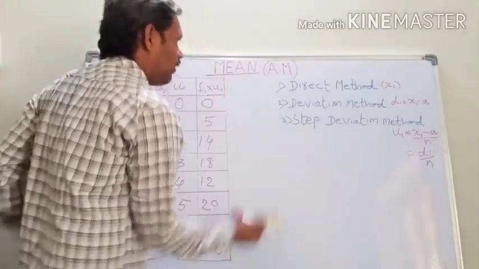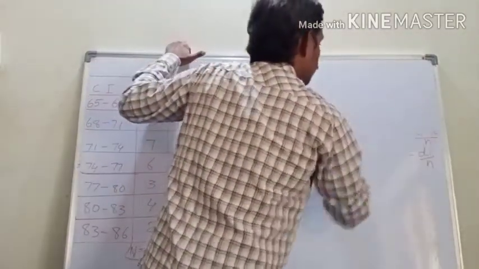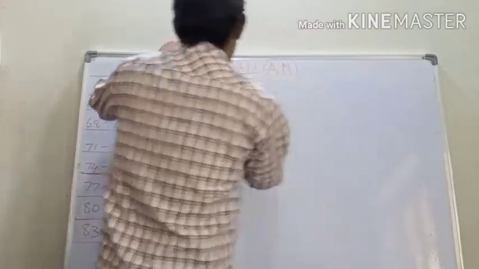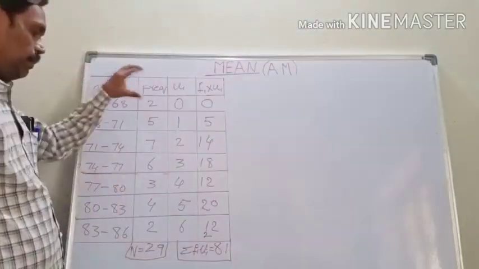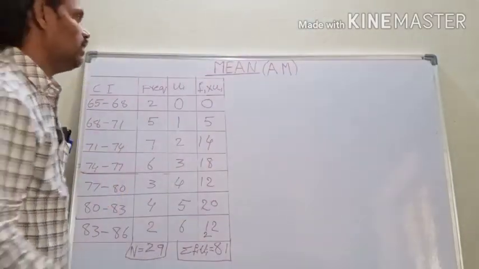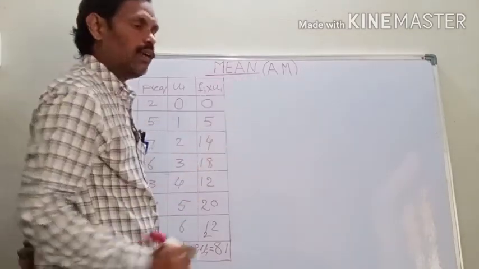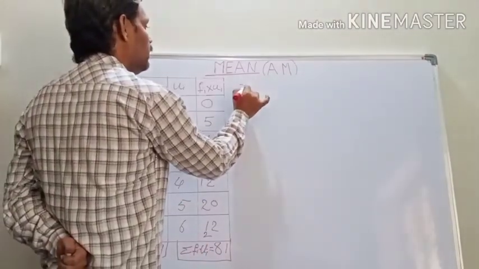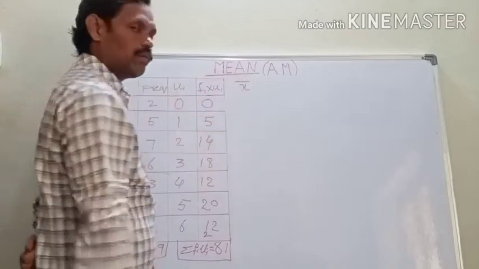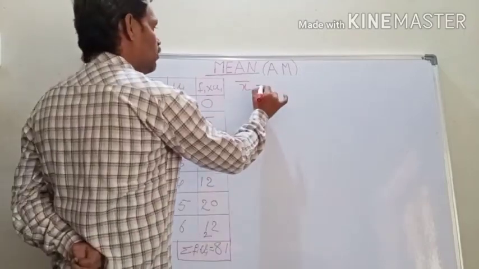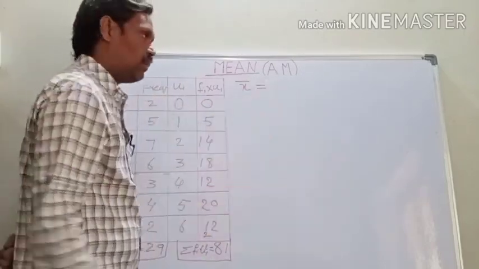So then go for the formula. After completion of the table, then in part 2 you have to write the formula. That mean is denoted by x bar. Simply x bar is equal. Now I am going to write the formula.